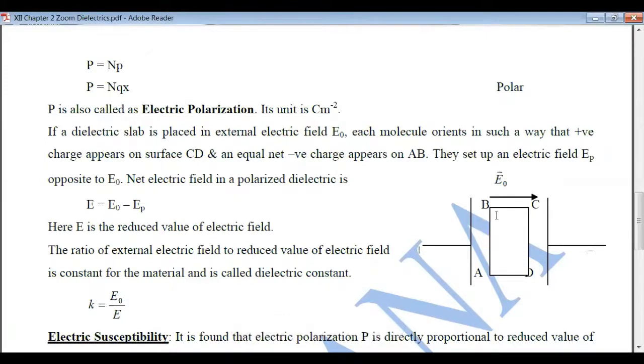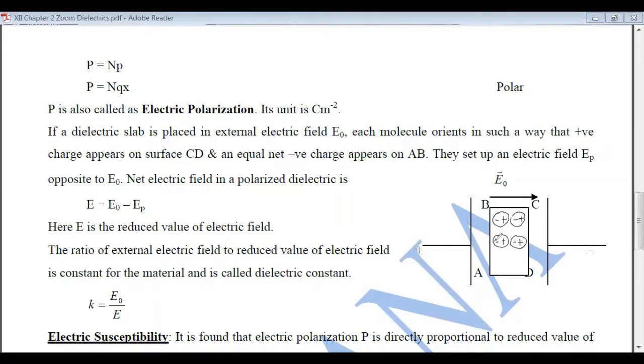Here there are no free electrons, but each atom will orient in such a way that negative charge will come close to the positive sheet, whereas the positive charge will come close to the negative sheet. So each atom will orient in this similar manner.